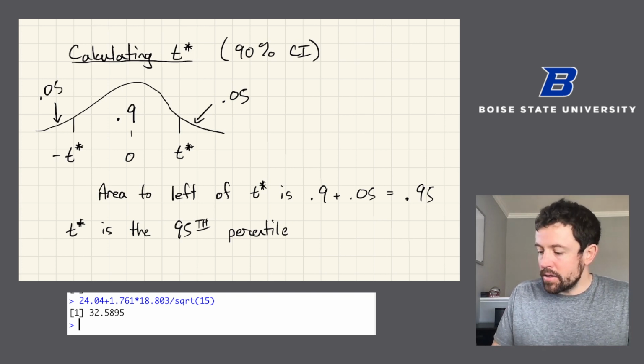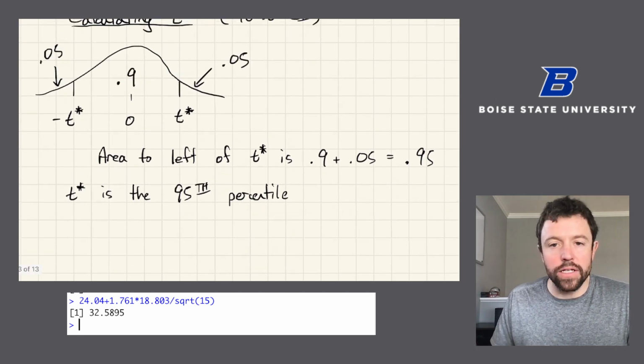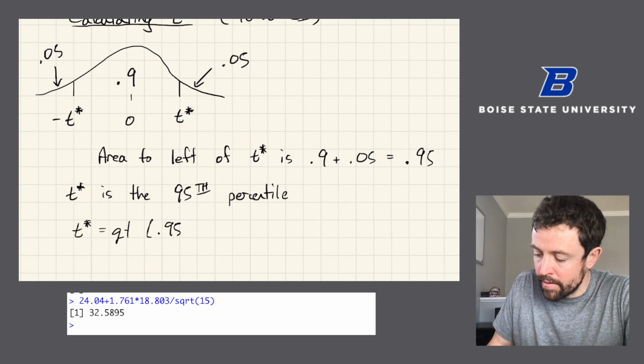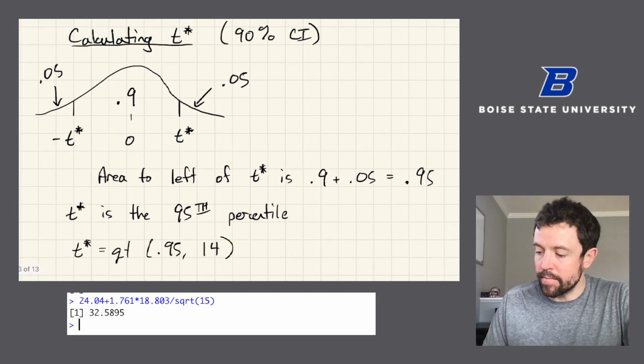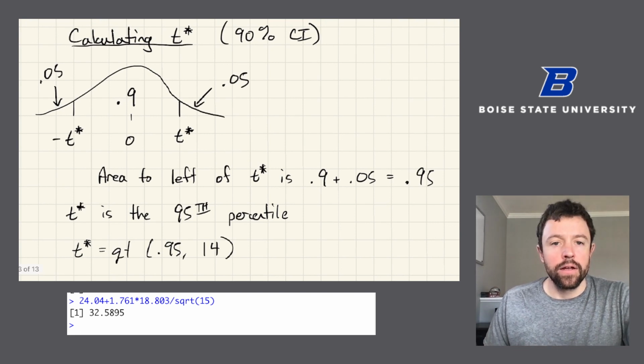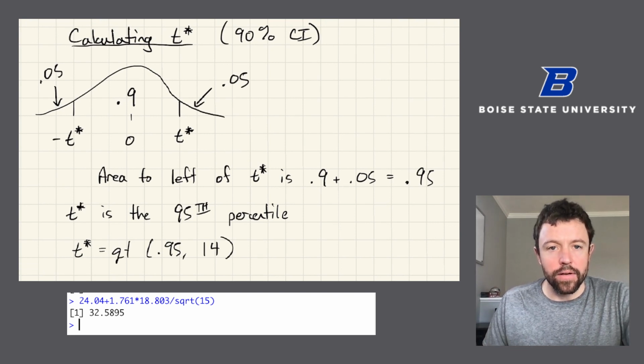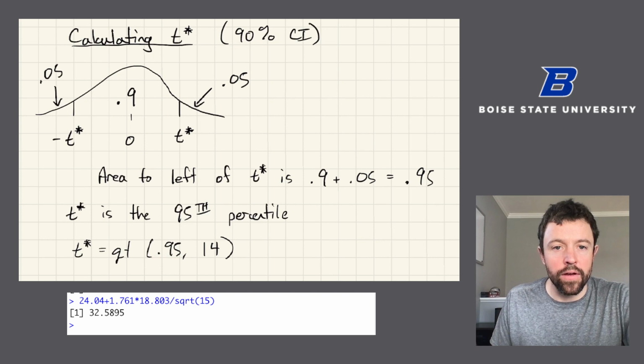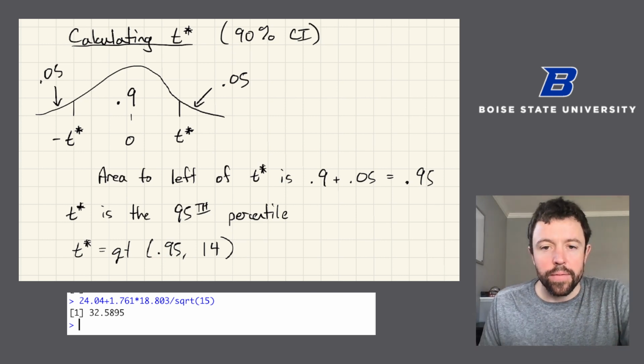And so what this ends up meaning is that if it's the 95th percentile, the command to find it is qt of 0.95, and 14 because the sample size was 15. So that was how I calculated T-star. And this picture explains why it's not actually just 0.9 in there, right? It's 0.95. So do you have to draw the picture each time?